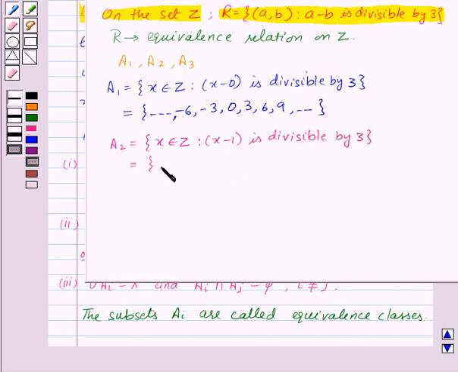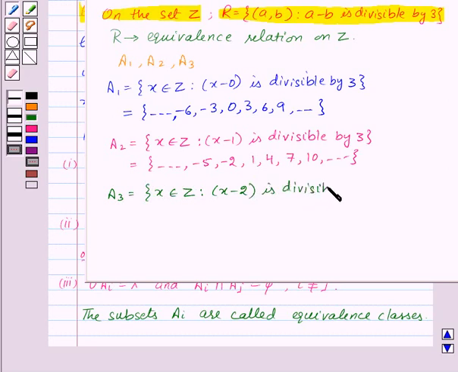So in this we will have the integers like minus 5, minus 2, 1, 4, 7, 10 and so on. And lastly, A3 is defined as the set of x belonging to Z such that x minus 2 is divisible by 3. So in this we will have the integers like minus 4, minus 1, 2, 5, 8, 11 and so on.